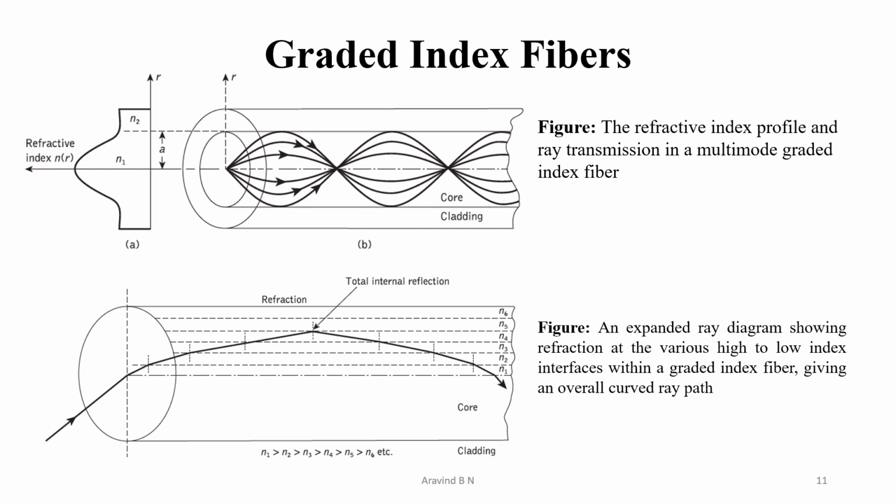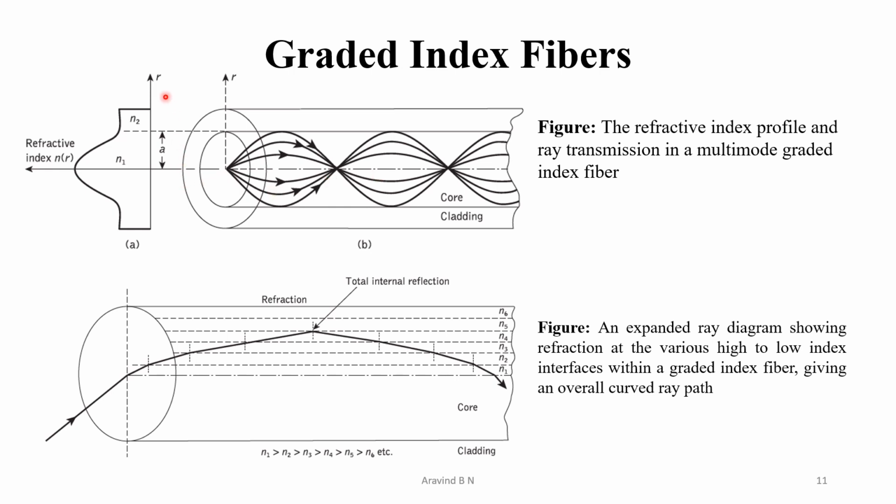Now let us get into the graded index fibers. These graded index fibers can be considered as a special case of multimode step index fibers. This is a typical representation of the graded index fiber and the ray traveling through it.